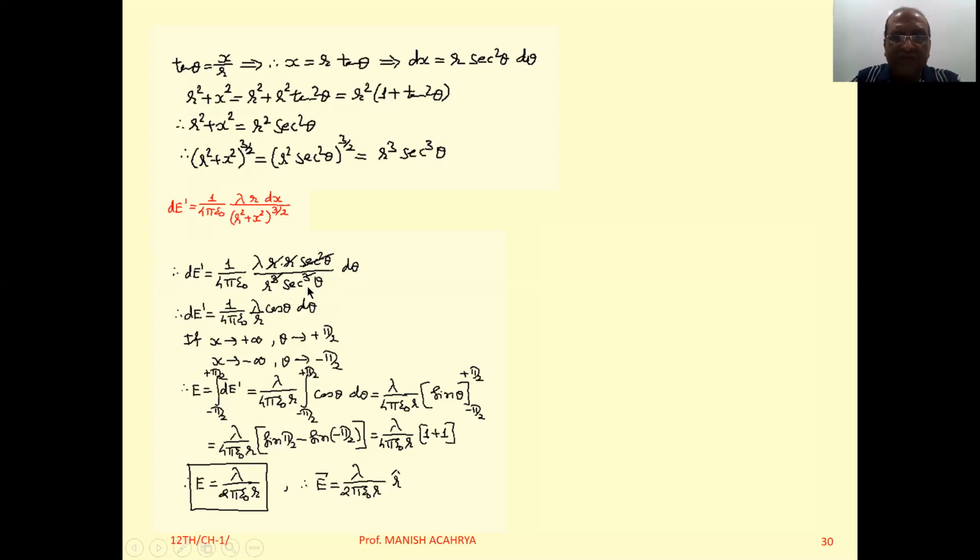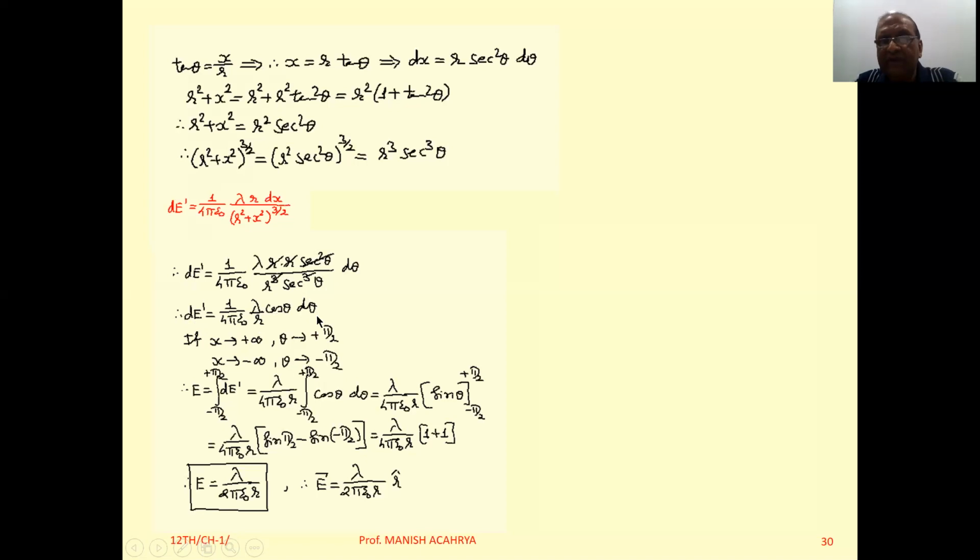So here this r square cancelled, so 1 r will be there. Sec square theta upon sec cube theta, so in the denominator sec theta will be there. Resultantly, we will get dE dash equal to 1 upon 4 pi epsilon 0 lambda by r cos theta d theta.